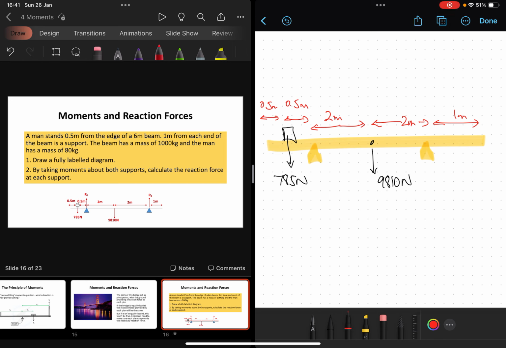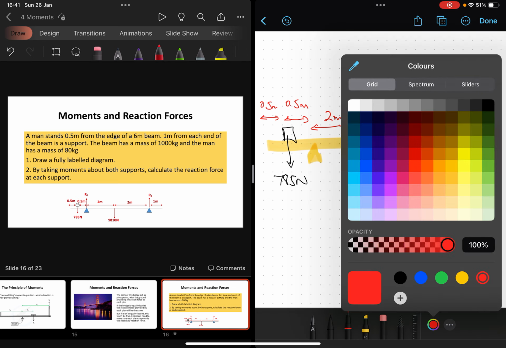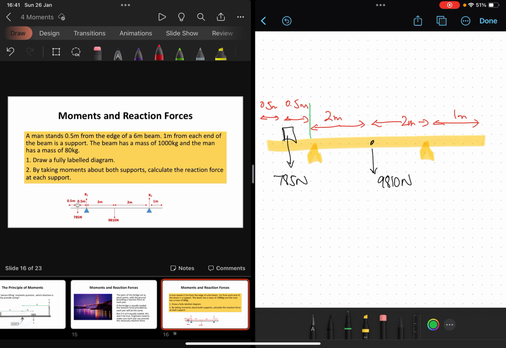So we've got 2 weights acting downwards, and 2 reaction forces acting upwards: the reaction force at this point, R1, and the reaction force at that point, R2. In other words, the beam and the weight on the beam are pushing down, and the ground in response is pushing back up with 2 reaction forces.